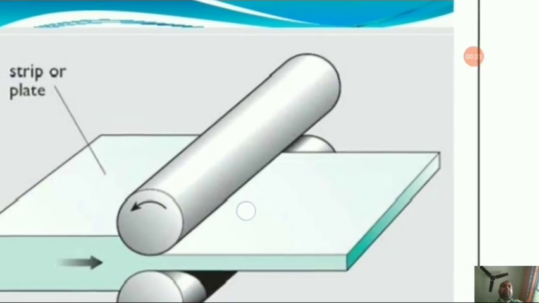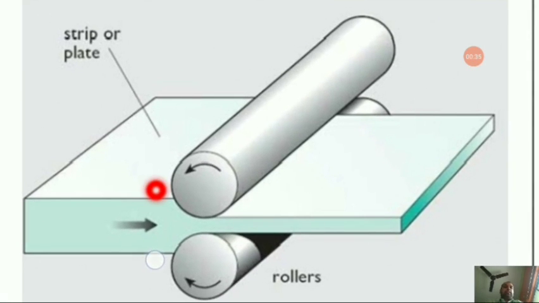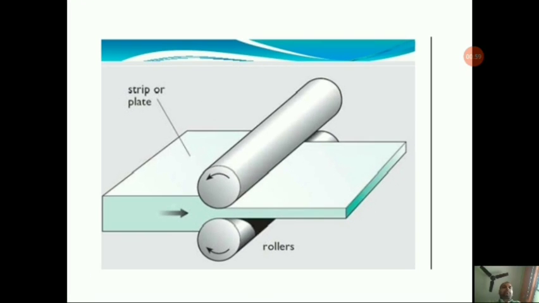So in this particular picture you can see over here that a strip or plate is being passed through two rotating mills which are moving in opposite direction to each other, and the strip or plate is being compressed, and the size of the strip or plate is being reduced, or you can say the cross-section of the particular plate is being reduced. So this is a typical rolling process you can see over here.